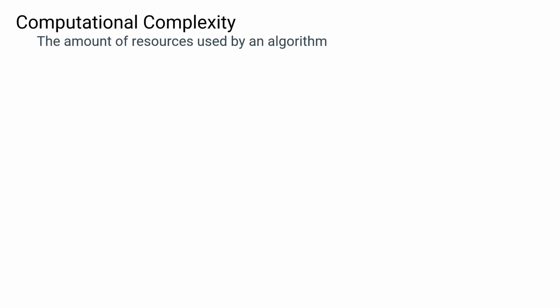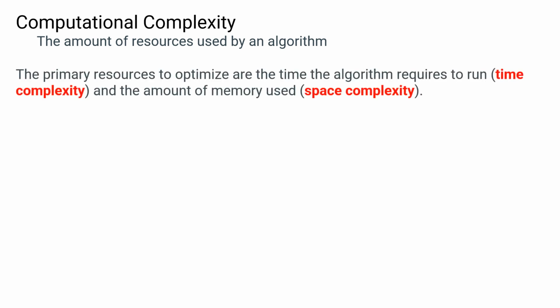So first of all, let's talk about computational complexity. That's the amount of resources used by an algorithm. The primary resources that we need to optimize for within this computational complexity would be the time complexity, which is the amount of time the algorithm requires in order to execute, and then the amount of memory used.